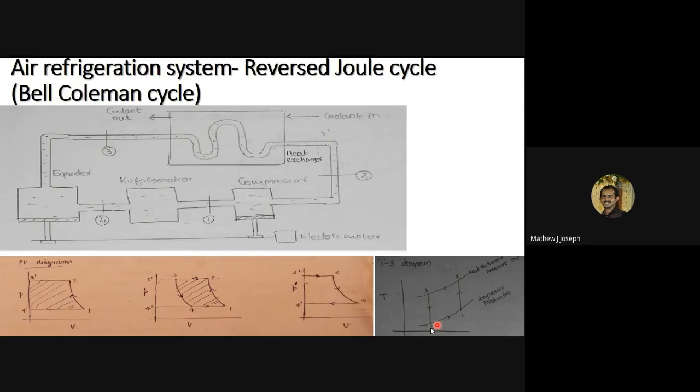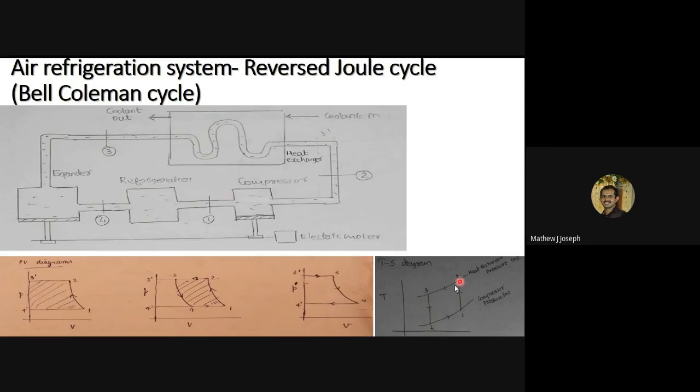Okay, 4 to 1 is the constant pressure heat absorption from the refrigerator component by the working fluid, that is air. Then 1 to 2 is the isentropic compression process happening inside the compressor.